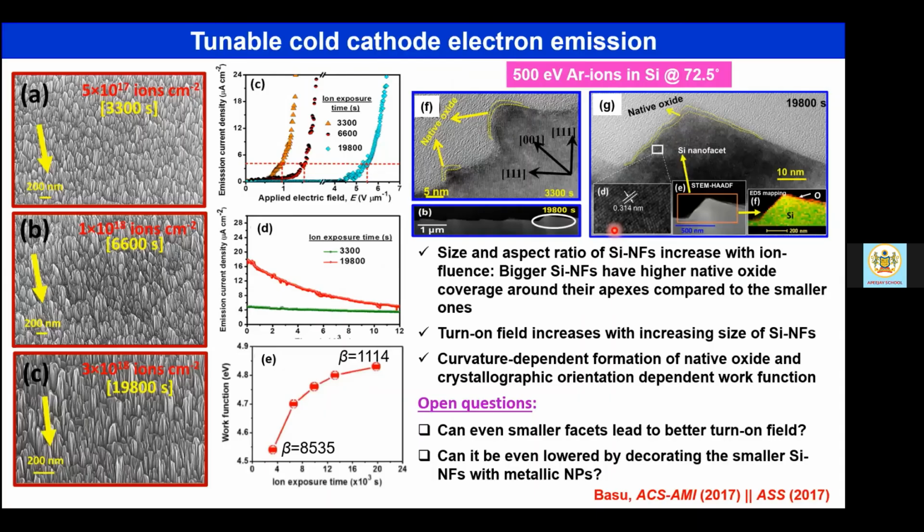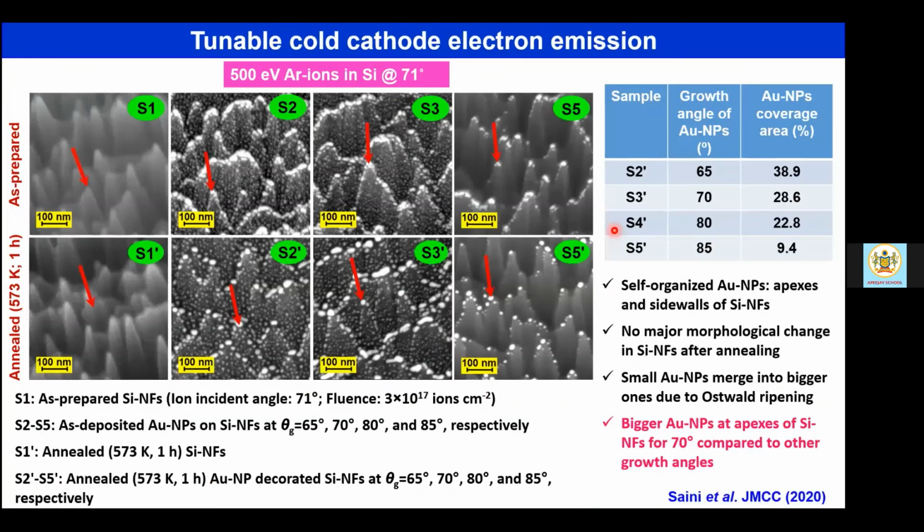Essentially, this resulted in the formation of gold nanoparticles at different growth angles on those rippled pattern substrates as well as these faceted substrates. The purpose was that one set of samples, the rippled substrates decorated by gold nanoparticles, were used for plasmonic studies, and here we tested the improvement in field emission property.